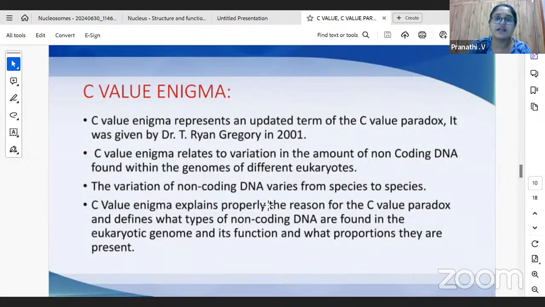This tells us about the variation in the amount of non-coding DNA present in the genome of different eukaryotes. This non-coding DNA amount is going to be different for each species. So this explains the C-value paradox, and defines what type of non-coding DNA is present in the eukaryotic genome, that is the haploid set, and in what proportions.